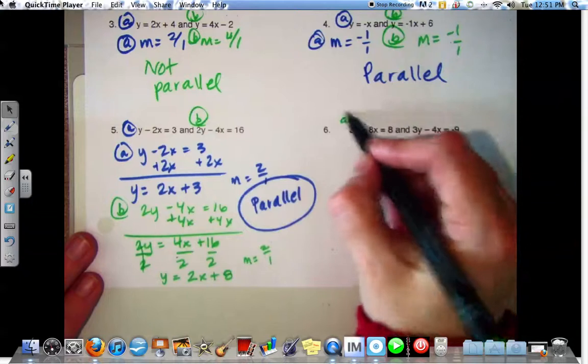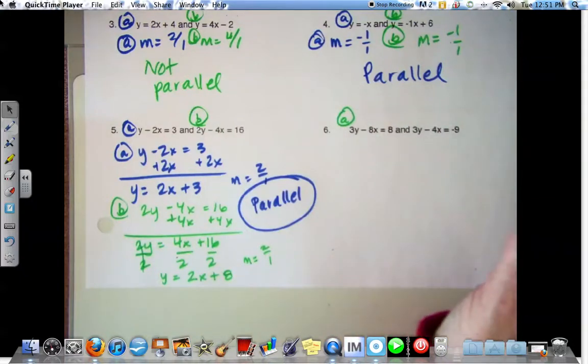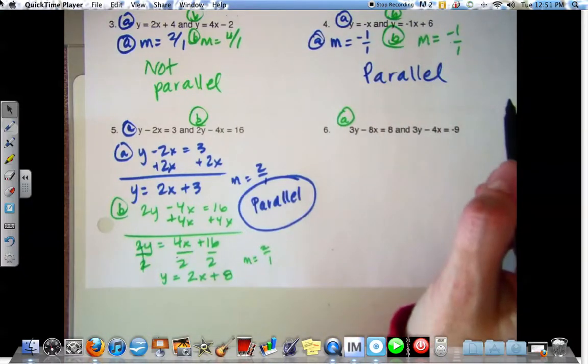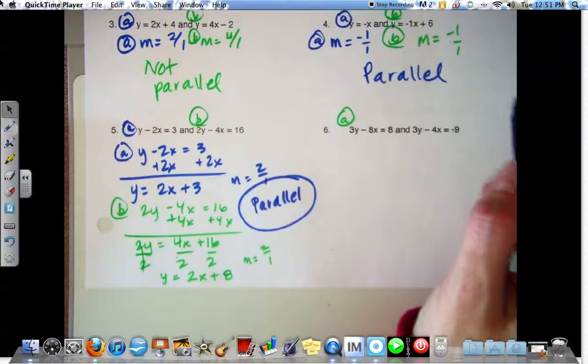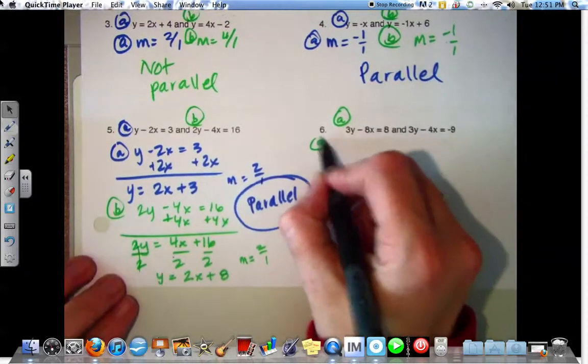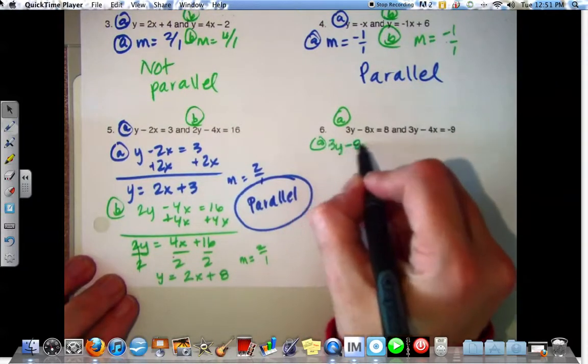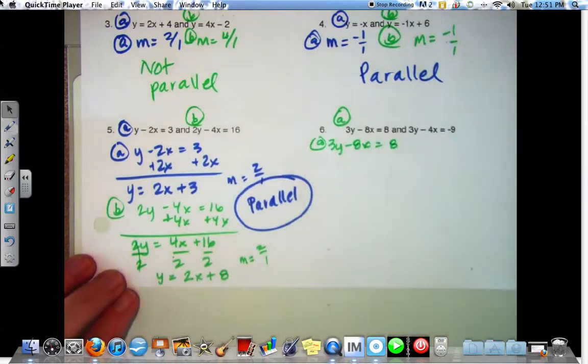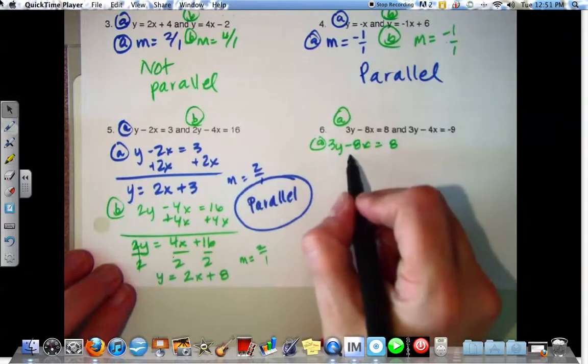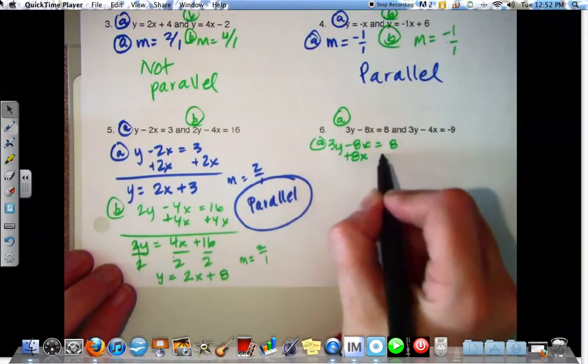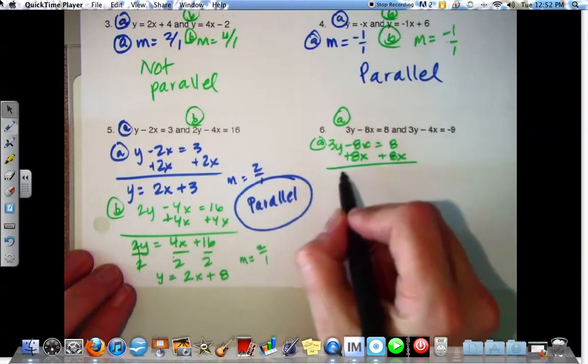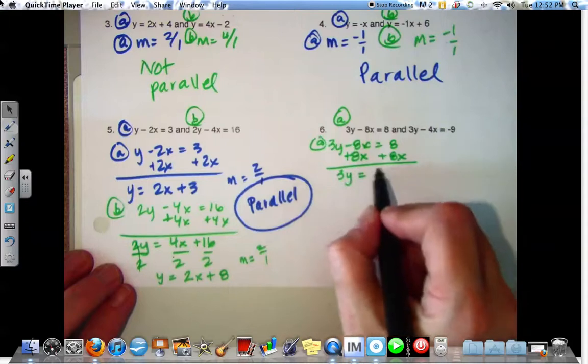And 6. 3y minus 8x equals 8. Can we easily determine what our slope is? All right, so let's find it. 3y minus 8x equals 8. What do you want to do? So 3y equals?